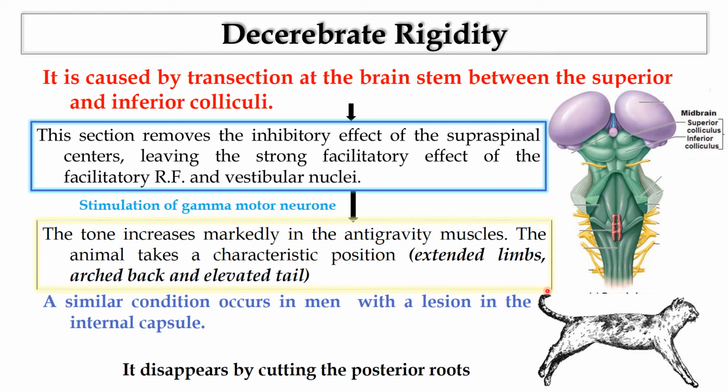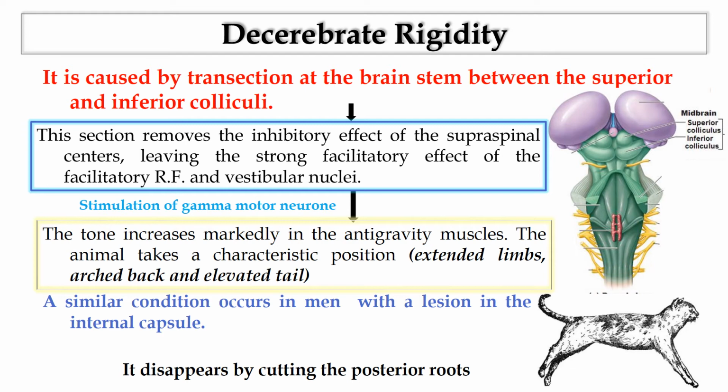Increased muscle tone will lead to increased tone in the anti-gravity muscles, leading to arching of the back, extended limbs, and elevated tail, as we see, because they are the anti-gravity muscles.